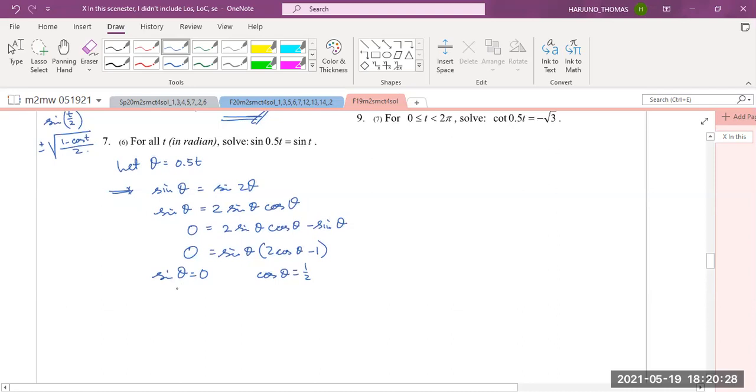Sine theta equals 0 means theta equals, in radian, 0 plus pi k. But that is t over 2, so t will be 2 pi k. Cosine theta equals 1/2 when theta equals pi over 3 plus 2 pi k, or 5 pi over 3 plus 2 pi k. But that is t over 2 for the theta.